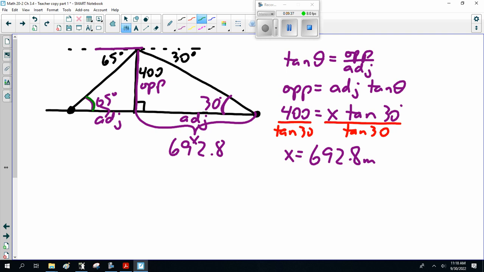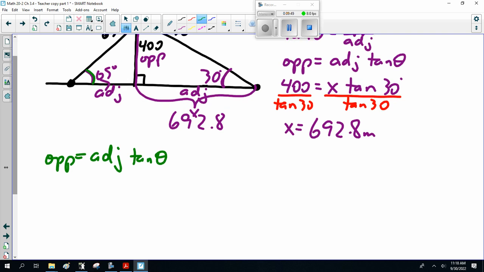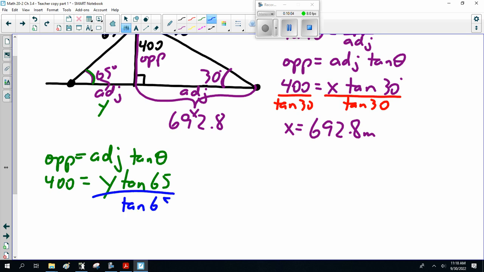For the 65 degrees. Well, it's going to be opposite equals adjacent, tan theta again. I'm too lazy to prove where that comes from. That's 400 equals, I'm going to call it y, times tan of 65. Divide both sides by tan of 65.